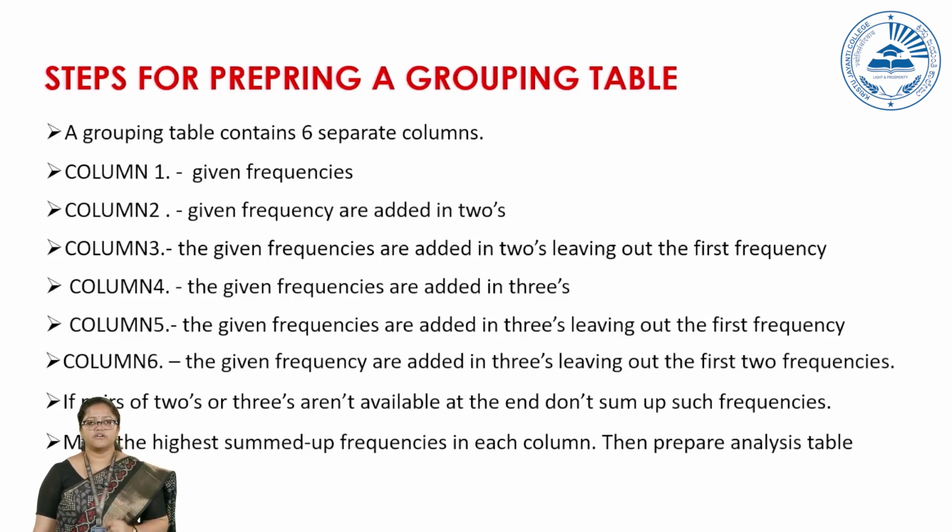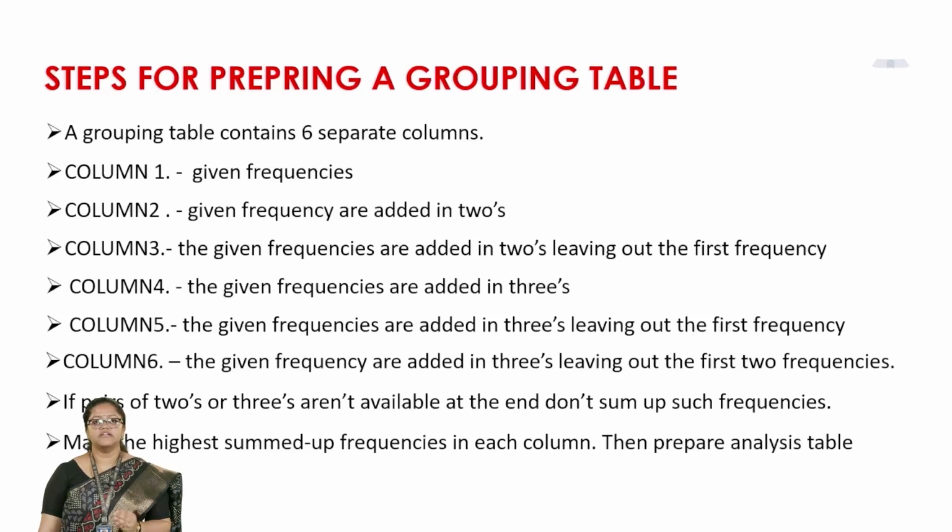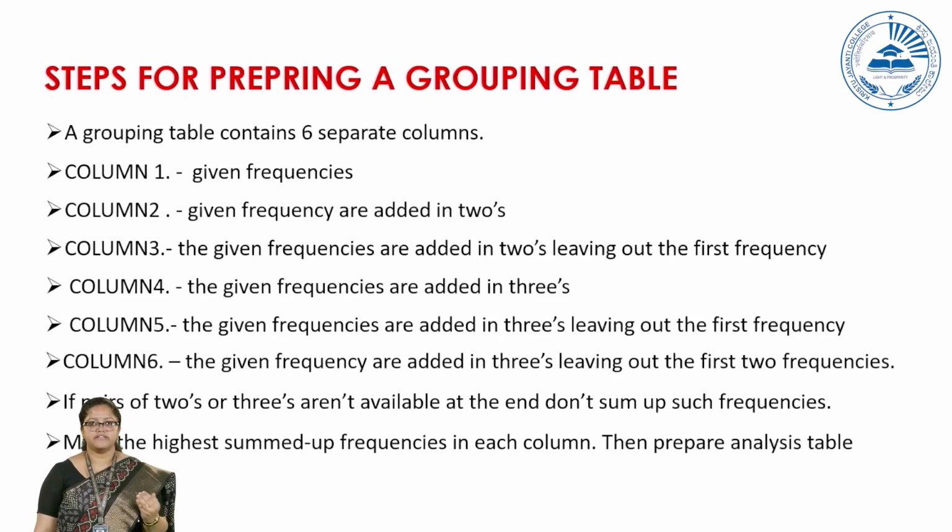Then in the third column the given frequencies will be added in 2s, where we leave the first frequency and, from the second frequency, add 2 values and write it in the third column.